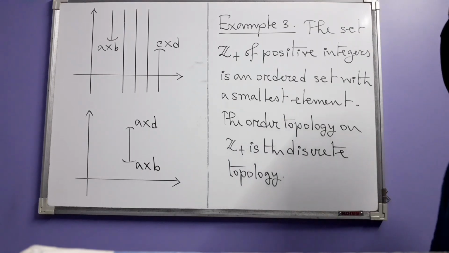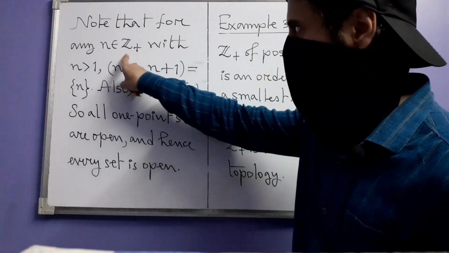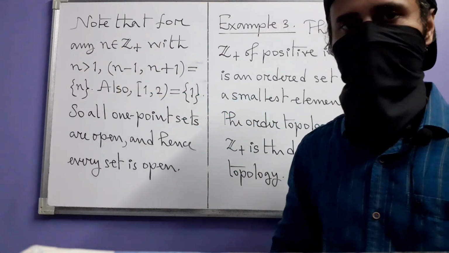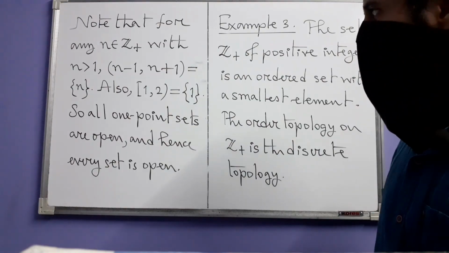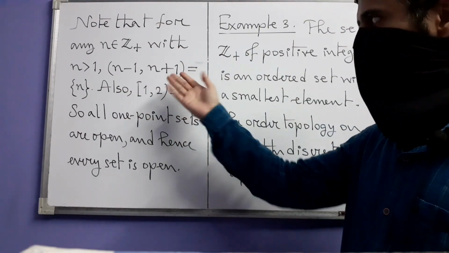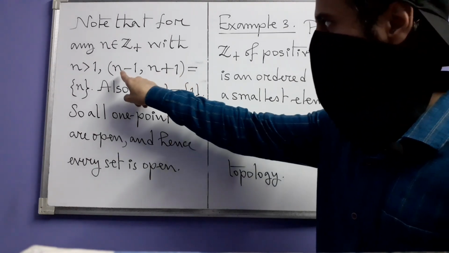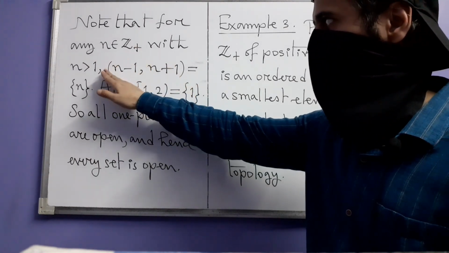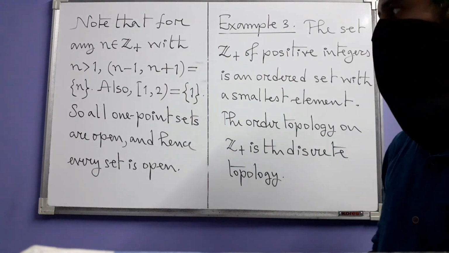Let us see how. You consider any positive integer n which is greater than 1, that means n is at least 2. Then n minus 1 is also a positive integer, and so is n plus 1 of course. Now you consider the open interval whose left end is n minus 1 and right end is n plus 1.